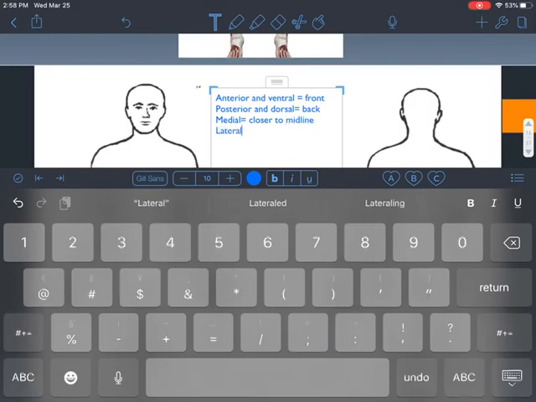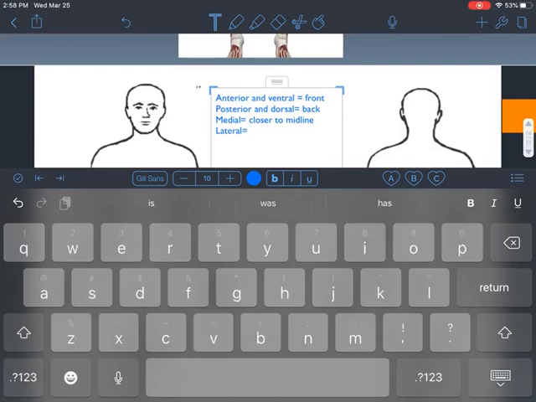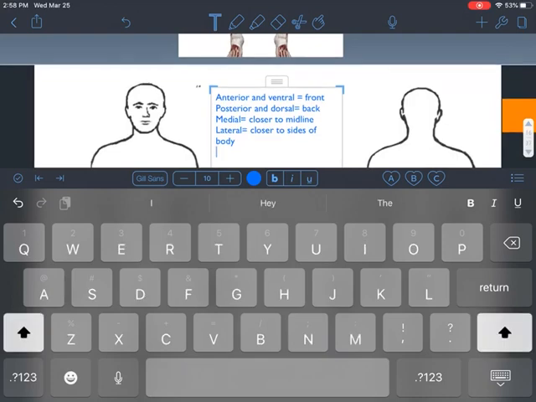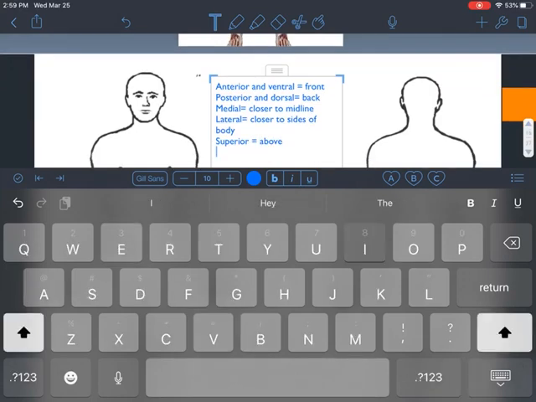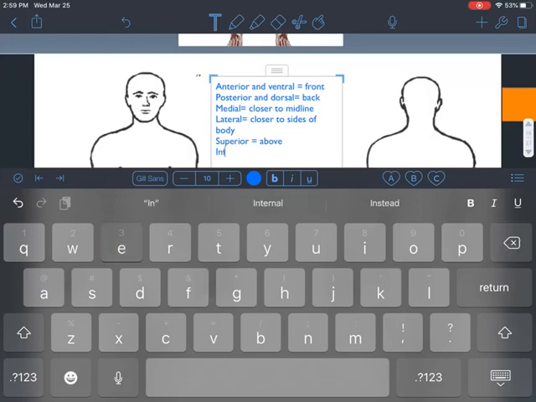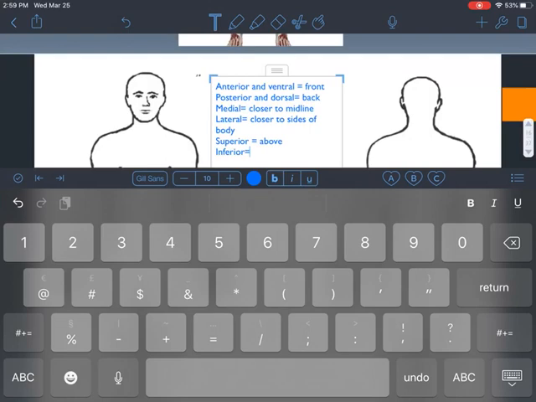Lateral, closer to sides of body. Superior, above; inferior, below.